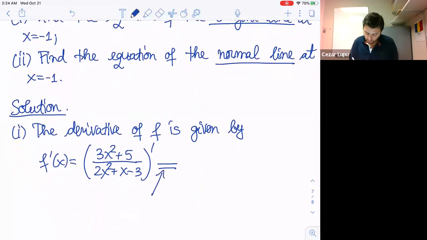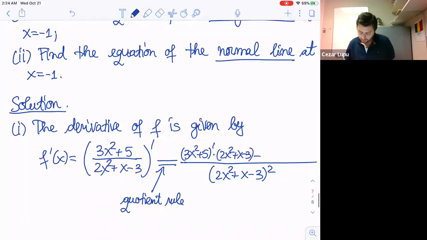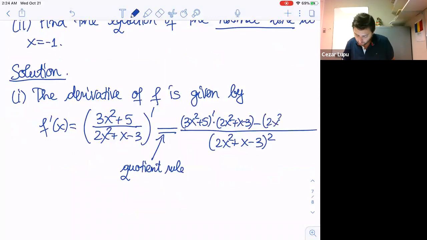So here is the quotient rule. This would be 2x squared plus x minus 3, everything squared, in the denominator. And here, the numerator would be (3x squared plus 5) prime times (2x squared plus x minus 3), minus (2x squared plus x minus 3) prime times (3x squared plus 5).